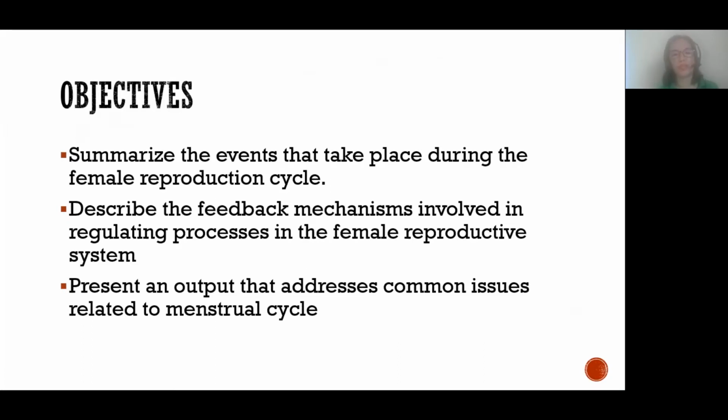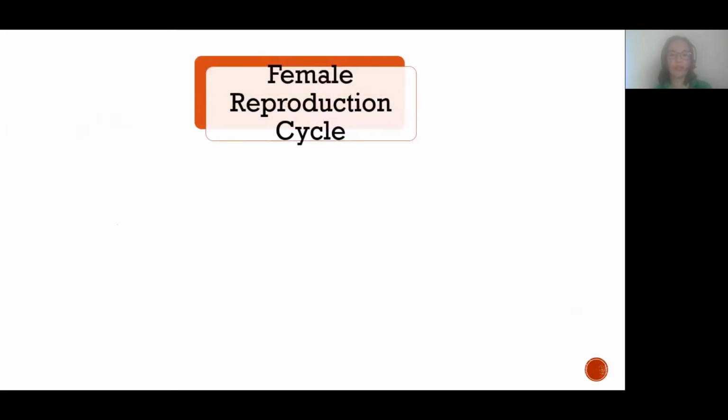For the female reproduction cycle, this is actually divided into two. It has something to do with what is happening in the ovary and what is happening in the uterus. Take note of what you learned from the parts of the female reproductive system.